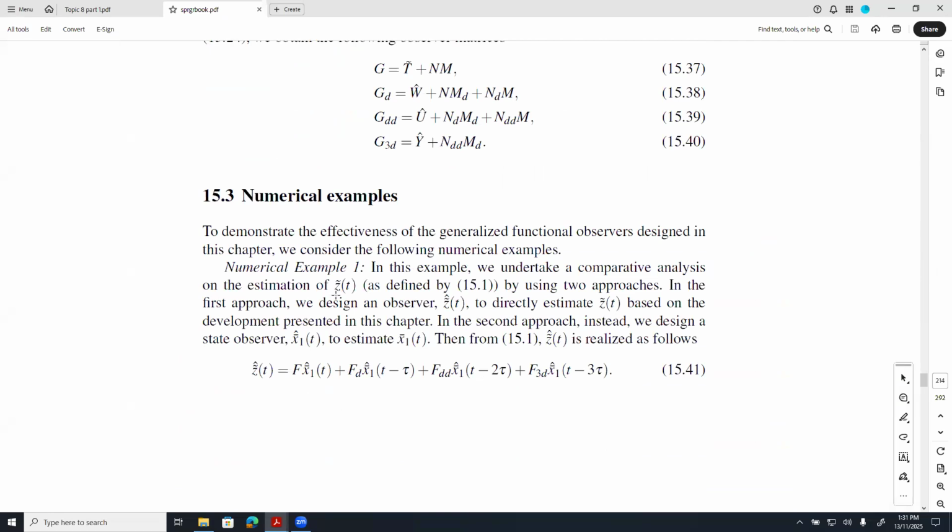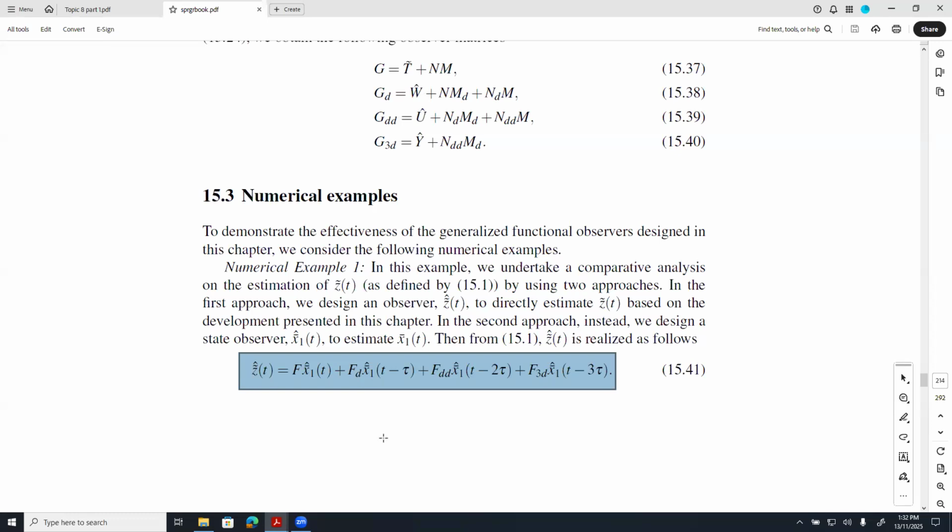We're going to take a few numerical examples. The first one is a comparative analysis. We're going to further demonstrate the advantage of estimating the generalized functional directly instead of using this approach here.